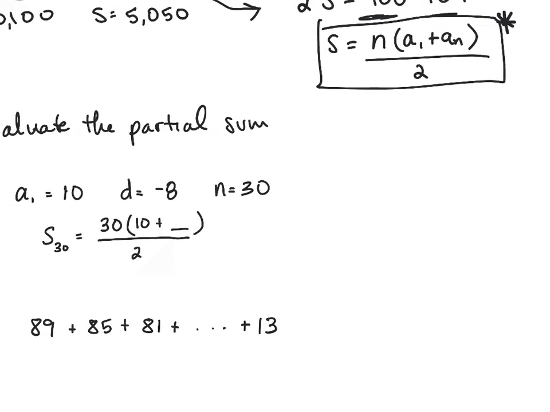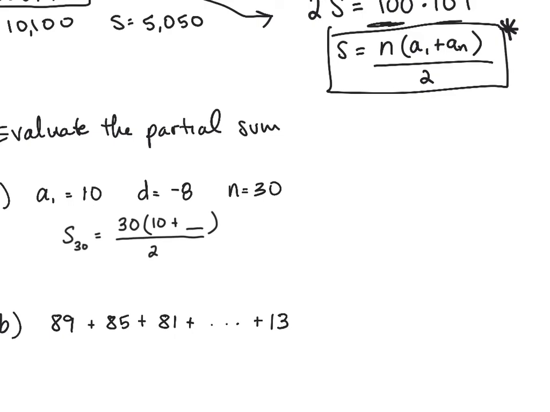So we could do it one of 2 ways. I've shown you 2 different ways already to generate the nth term. The very first way was a sub n is equal to the first term plus n minus 1 times the common difference. We could do it that way.